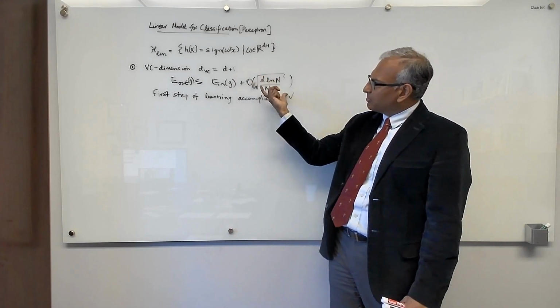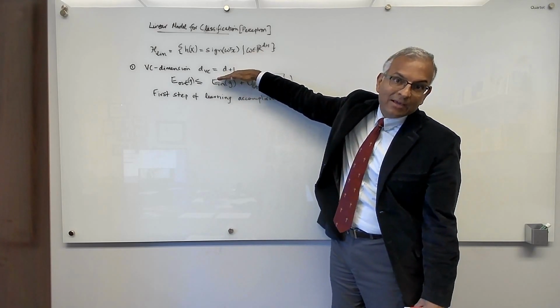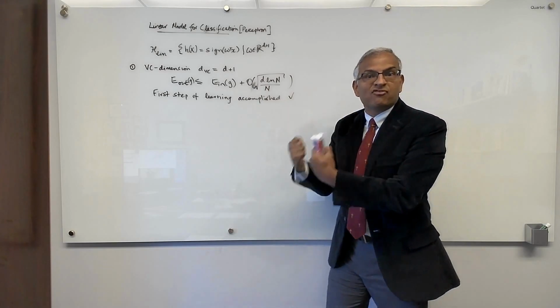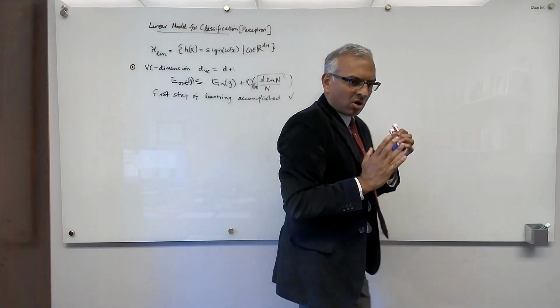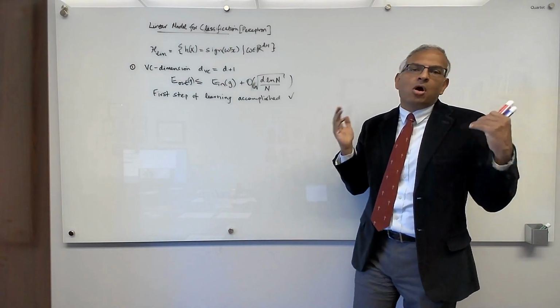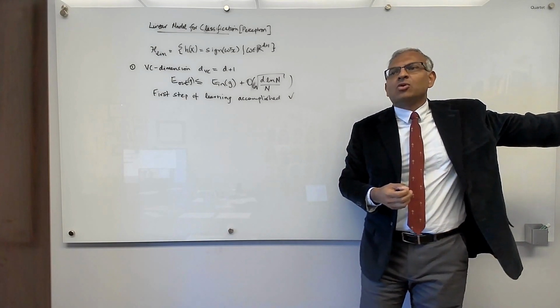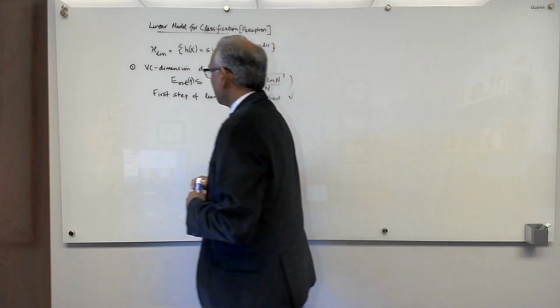In other words, is my error bar between E in and E out small enough? And that depends on the hypothesis set you pick, i.e. its VC dimension, and the number of data points you have. So you can perform this check. And just because we're doing it with the linear model doesn't mean you cannot do it with any other hypothesis set for which somebody else may have done all the hard work and computed the VC dimension for you. All right.